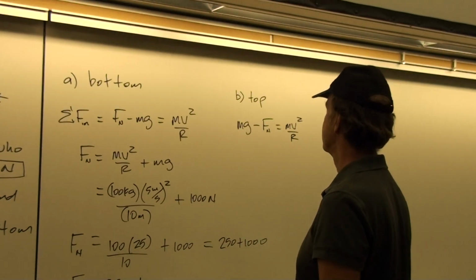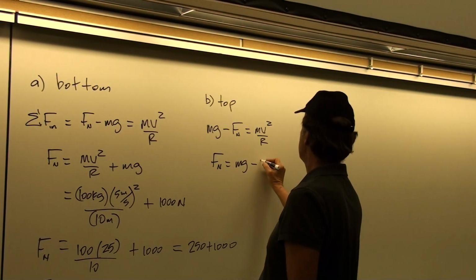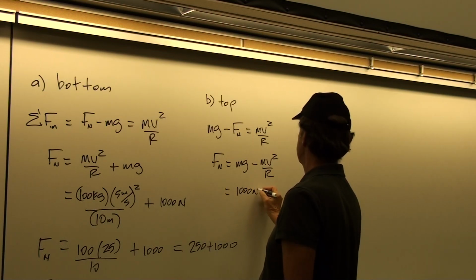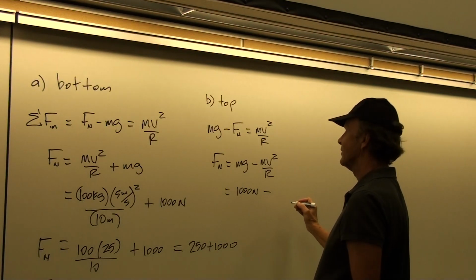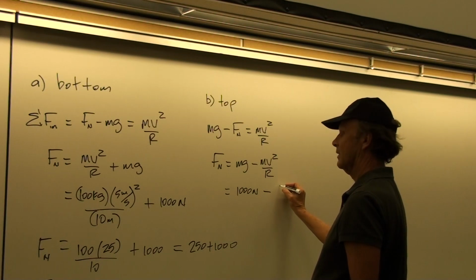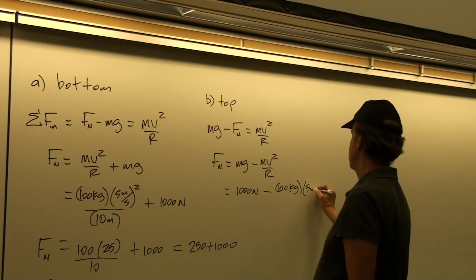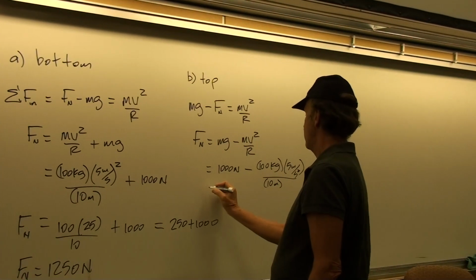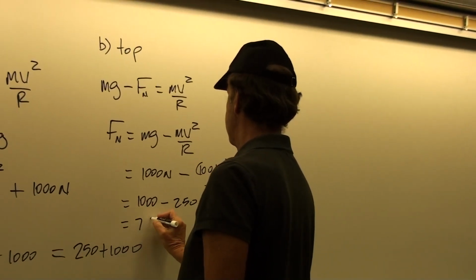So that's the sum of the forces at the top, giving us the normal force is equal to mg minus mv squared over r. So that's going to be 1,000 newtons minus, so it's basically this equation, but with a minus instead of a plus after the mg. Right, so this will be 100 kilograms times 5 meters per second squared, same numbers, divided by 10 meters, or that'll be 1,000 minus 250, so that'll be 750 newtons.